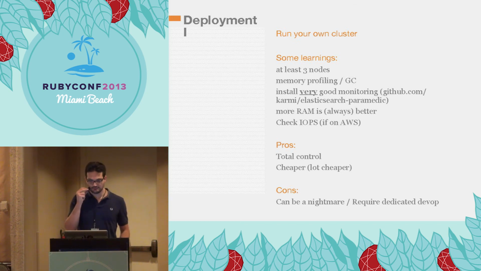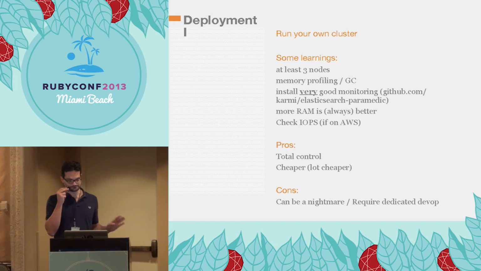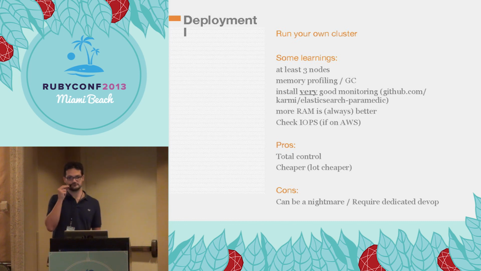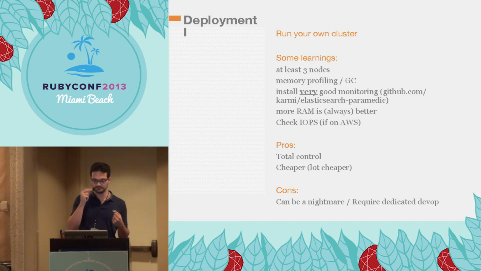Some of the learnings that we found doing that: first of all, there is something you have to be aware of when you're moving from a cluster of 3 nodes to something more than 3 nodes. Up to 3 nodes, everything is fine, unicorns and rainbows. After 3 nodes, you have to specify a set of settings, and if you forget about that, you lose all your data, so be aware of that.